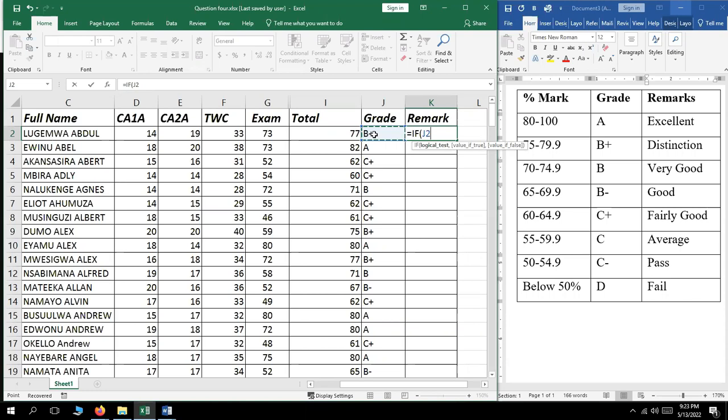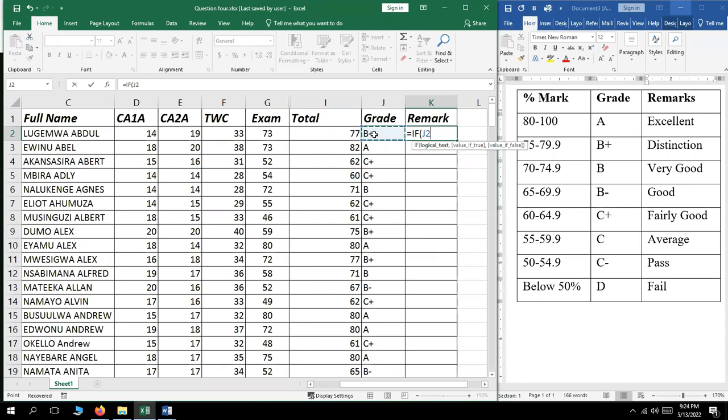Therefore, for non-numeric contents, we strictly use equals. As long as the content is non-numeric, we won't use any other arithmetic or logical operator other than equals. That's number one.